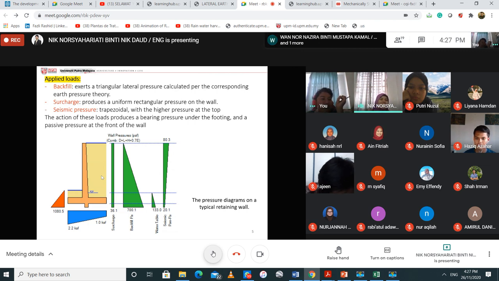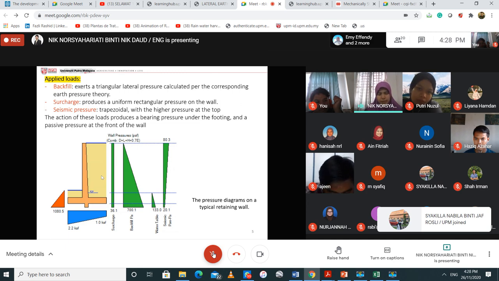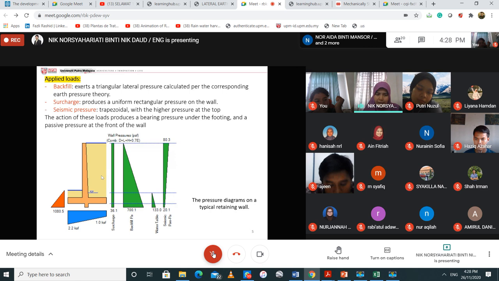Indeed. This is conventional sahaja. Moreover kalau yang even sloping tu pun janganlah nak guna spreadsheet ni. This is for the simplest one. Macam saya kata tadi kan, untuk retaining wall punya design, you need to start with the conventional, yang simplest one first. Then after that, once you got that masterpiece or master punya document ni, you boleh add up sikit.